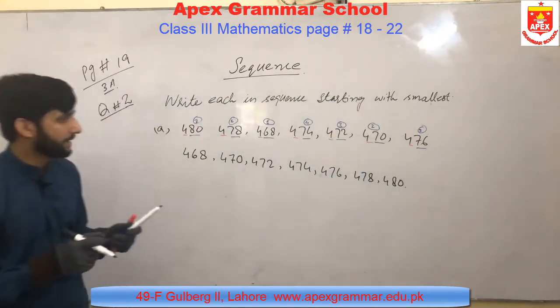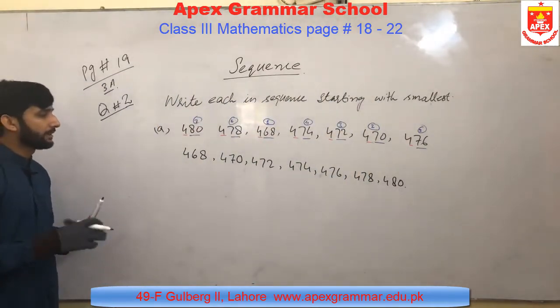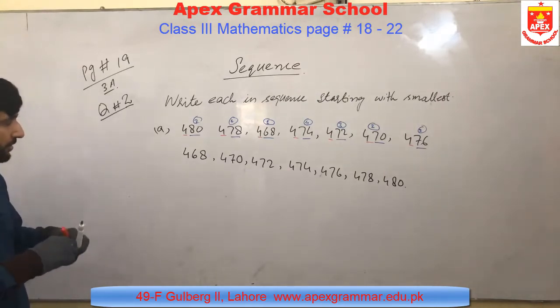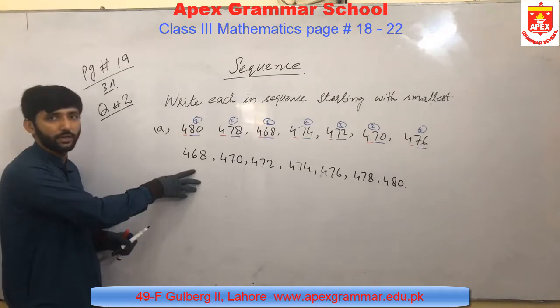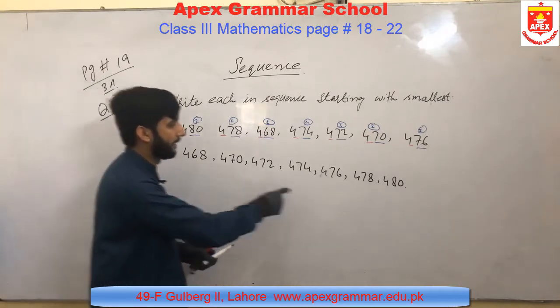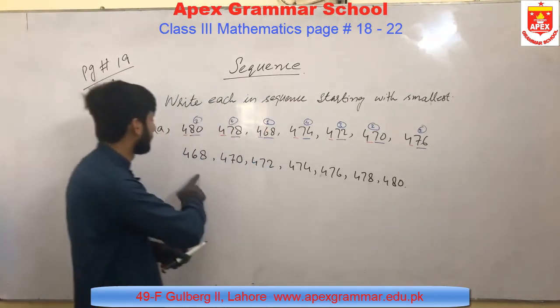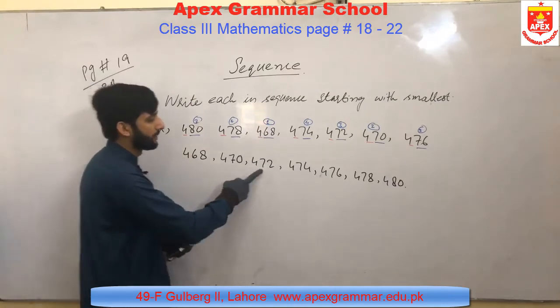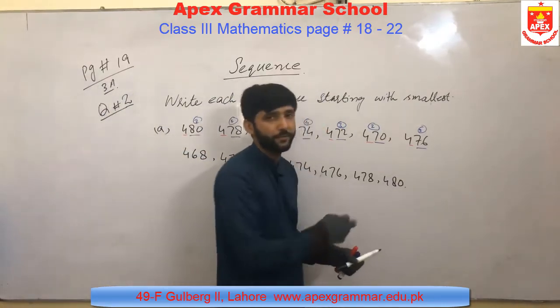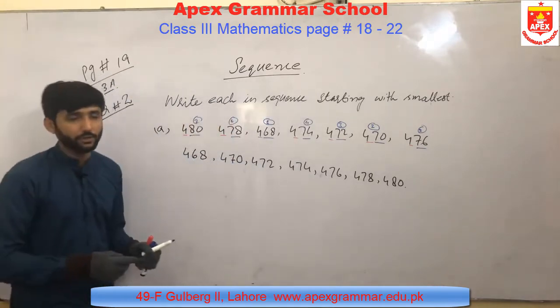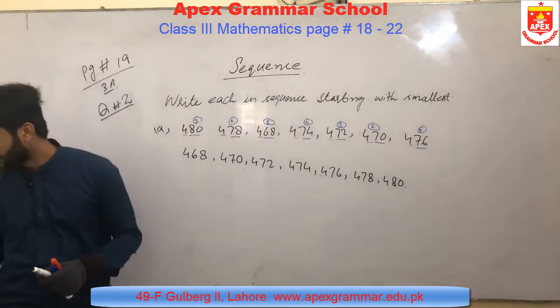This is how to arrange the sequence in ascending order. Ascending means from smallest to largest. So according to the given sequence, the smallest number is 468 and the largest number is 480. Starting from 468, it's 470, 472, 474, 476, 478 and the last one is 480. This is how to arrange our sequence ascendingly.